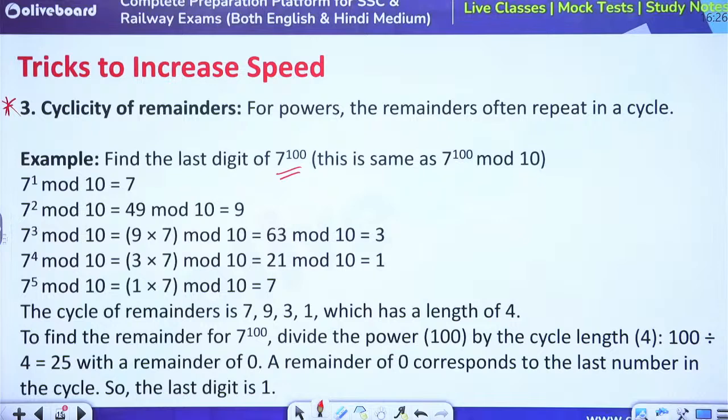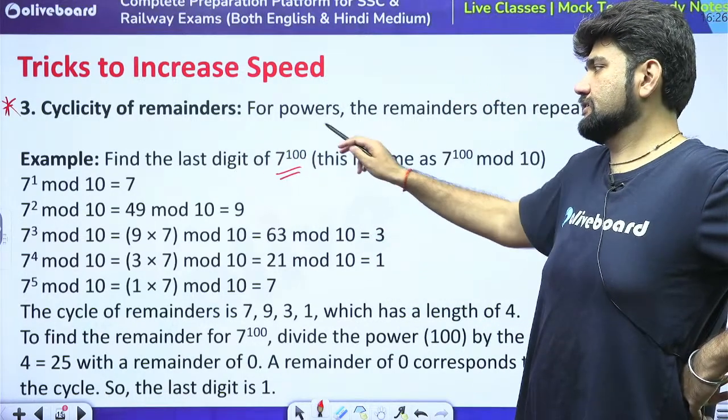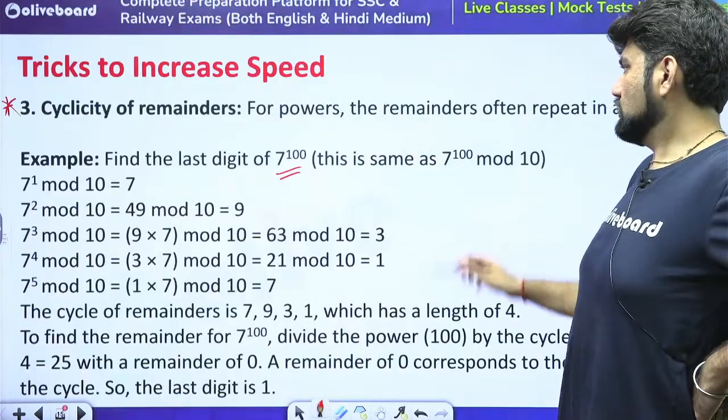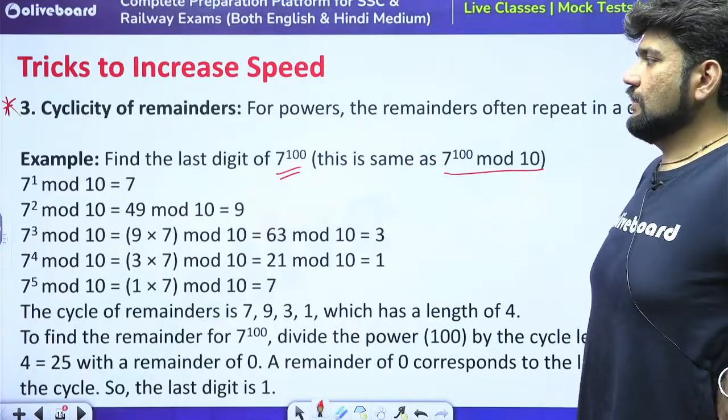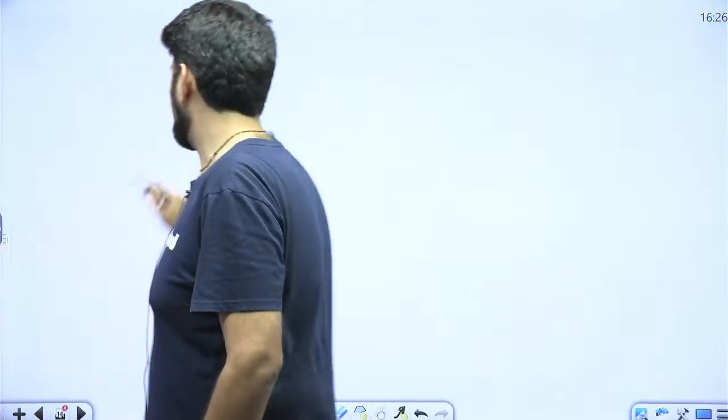So how do we do this? What is the remainder? This is what they are trying to ask you. This is not the last digit; they are asking what the remainder is if 7 power 100 is divided by 10. That was the question, 7 power 100 mod 10. Now, if I do this, firstly, what you will think is this is 7 power 100 mod 10.